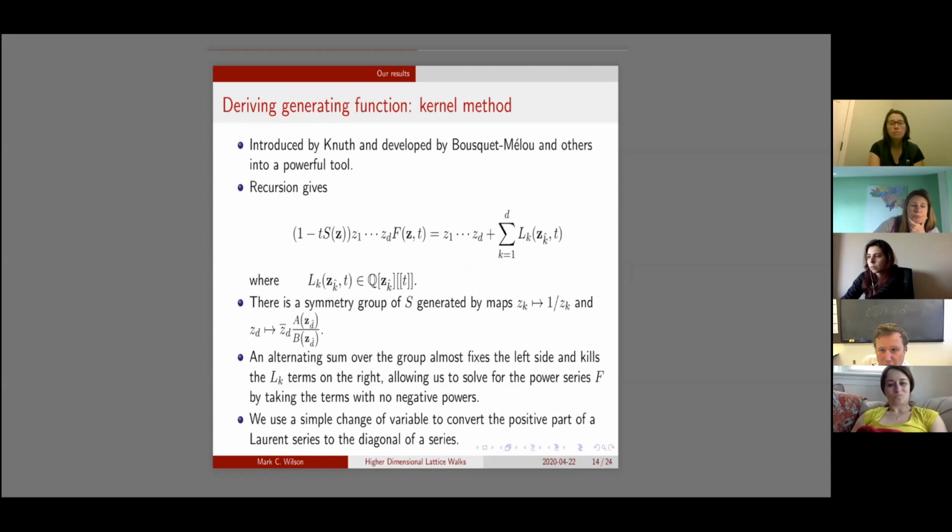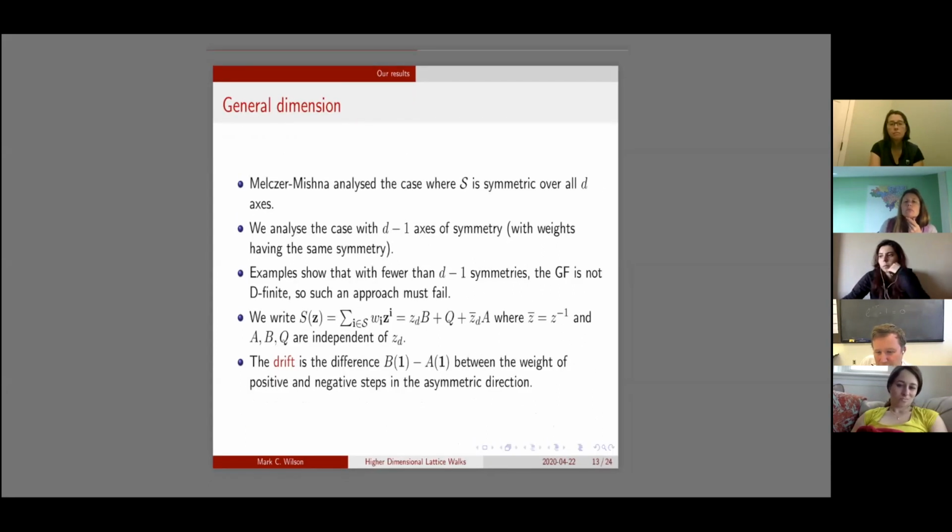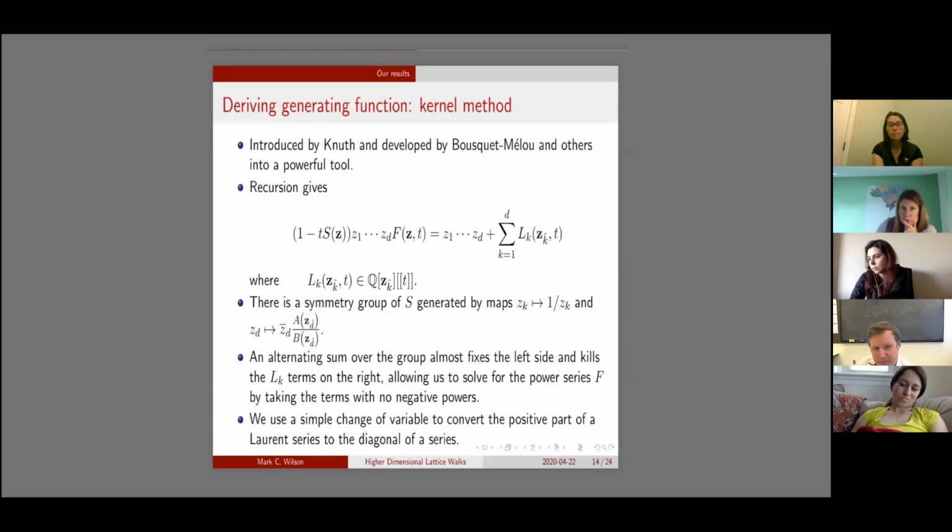Okay. So I'm going to very briefly go through the next part. Most of the methodology I showed you before about asymptotics assumes that the generating function is given, and then we just analyze it. But of course, you do have to derive the generating function as well in many situations. Here, there's a reasonably standard methodology that Bostan and Mishna had pioneered, and it roughly goes like this. So you have this kernel method, which is a very powerful tool that's been used in lots of combinatorial enumeration problems.